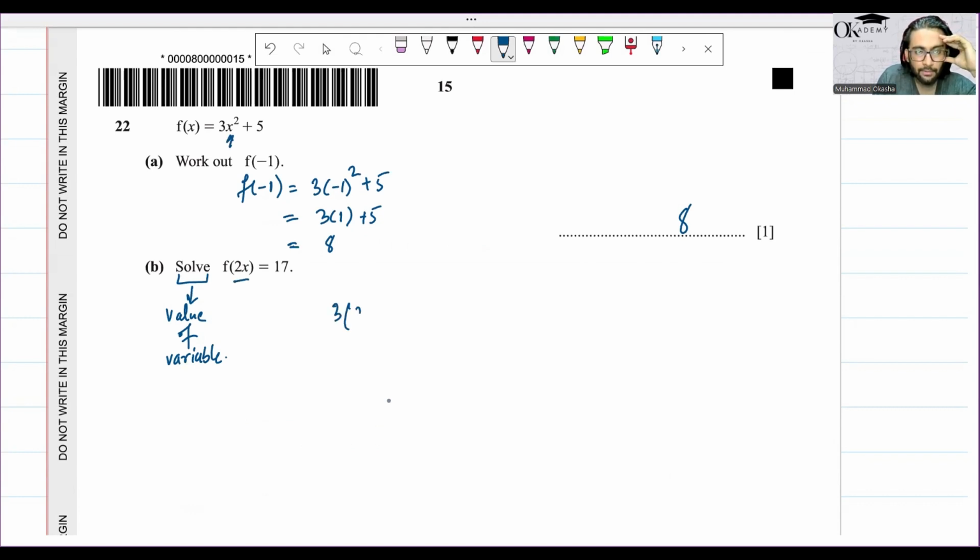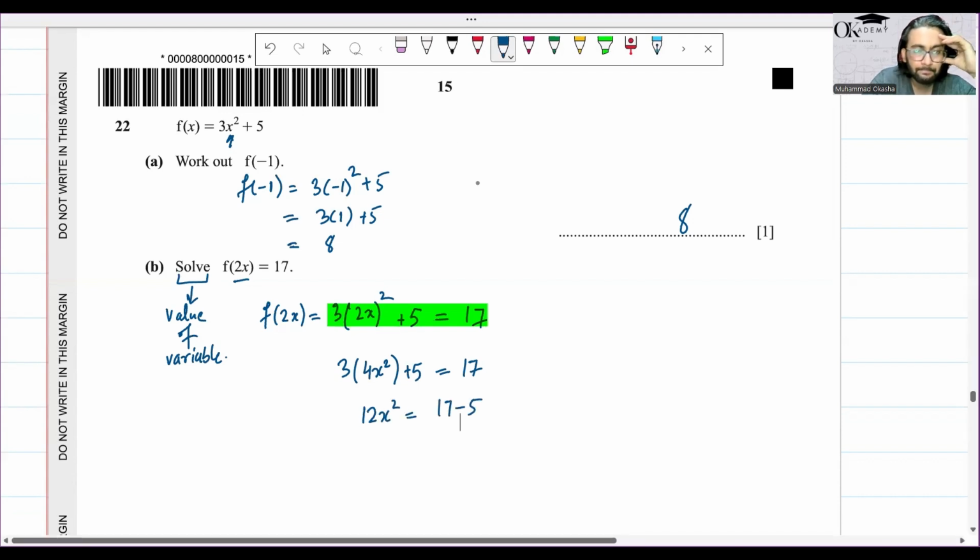So f of 2x is equal to 3 times (2x) whole squared plus 5, and it should be equal to 17. So 3 times (2x) whole squared would be 4x squared, so 3 times 4 is 12x squared plus 5 equals 17, so 12x squared equals 17 minus 5.